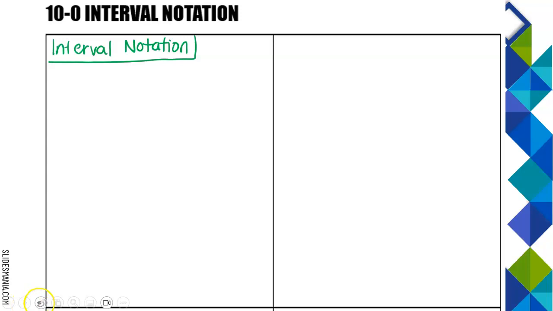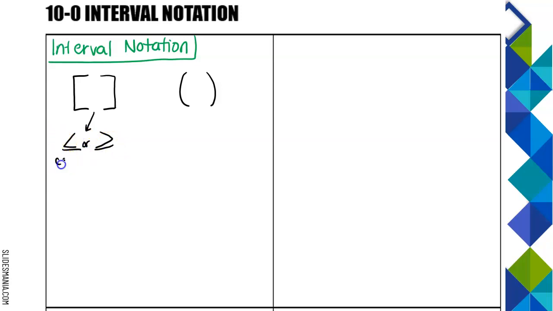All right, the first thing that we want you to know is that there are two types of symbols you can put around what looks like a point. It's not a point, but it looks like one. You could use brackets, and those brackets would represent something like less than or equal to or greater than or equal to.